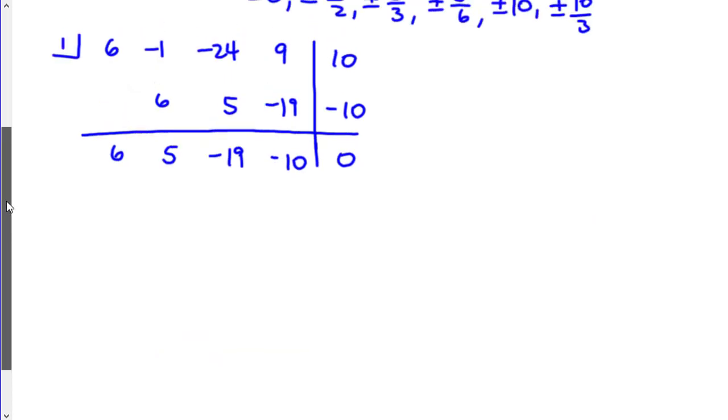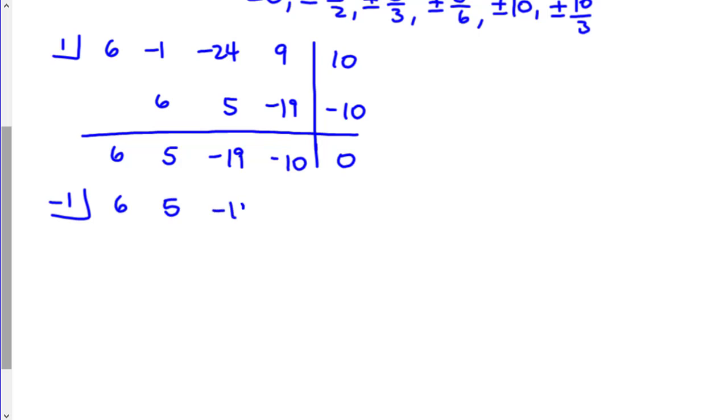So the next possible rational zero that I'm going to try is negative 1. But I'm going to try it on the new coefficients, not the original coefficients, because each time I find one, my work's getting a little bit easier. So bring the 6 down. 6 times negative 1 is negative 6.